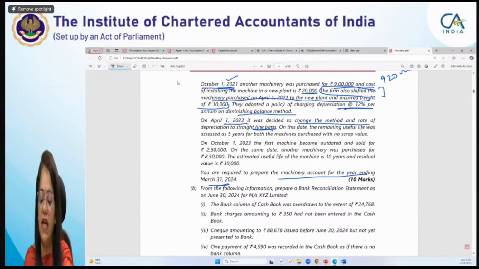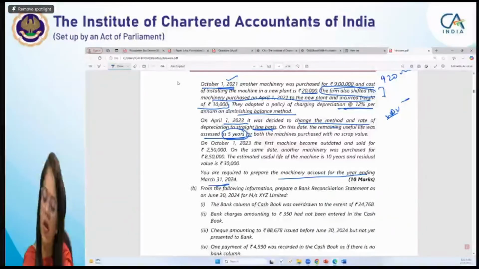On this date, the remaining life is assessed at 5 years. See, whatever be the WDV on 1st April 23, उसके बाद हमारे को SLM, WDV is written down value of the asset. उसके बाद हमारे को what method do we have to follow? Straight line method. And for straight line method, they have not given you the percentage. They have only given you the 5 years assessed life.